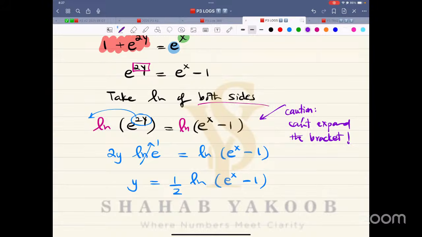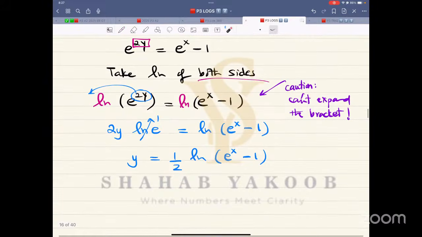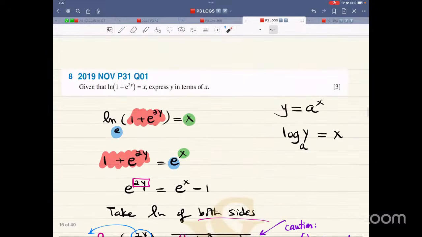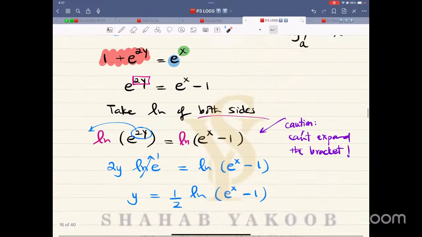Okay, so now this 2y comes down, ln e is 1, and making y the subject, that is the answer. So basically from log form to index form, that's the first thing. And then, by making e^(2y) the subject, again we are taking ln of both sides.